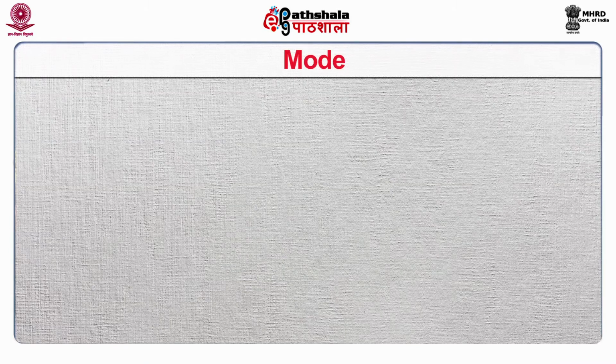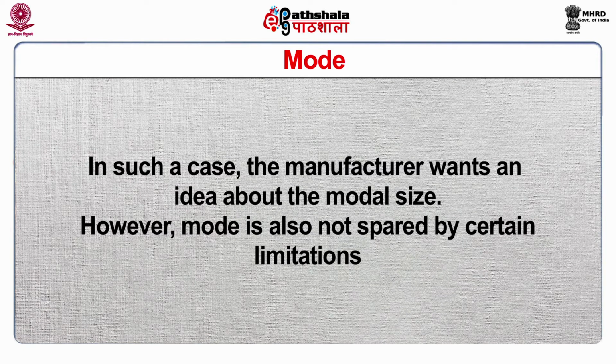For instance, a manufacturer of shirts would be interested in finding out which size is much more in demand so that he can manufacture a larger quantity of that size instead of producing the same quantity for all the sizes. In such a case, the manufacturer wants an idea about the modal size. However, mode is also not spared by certain limitations.